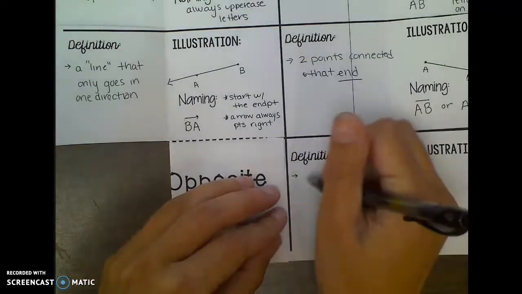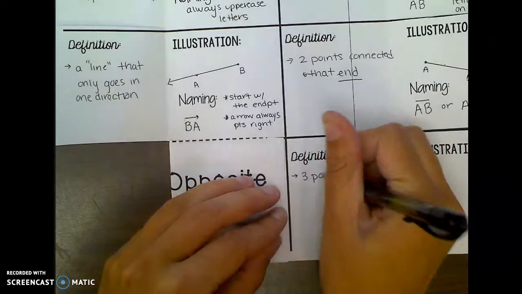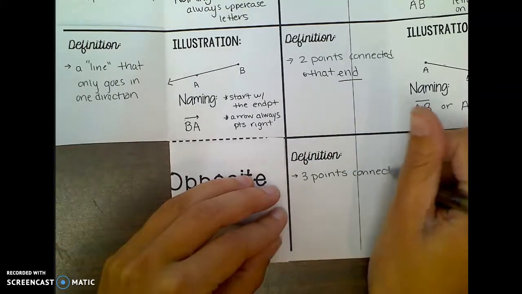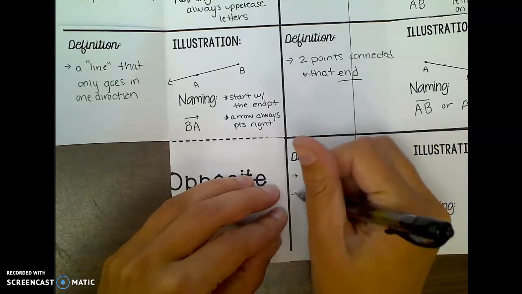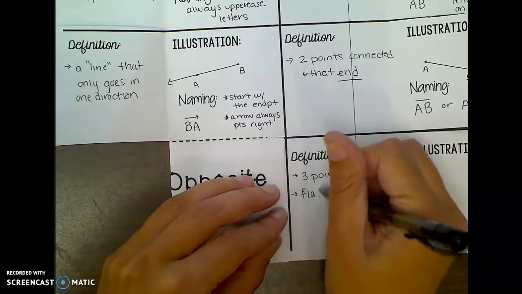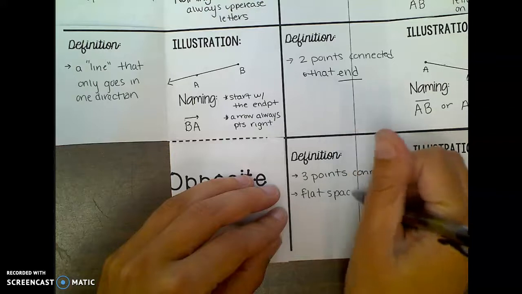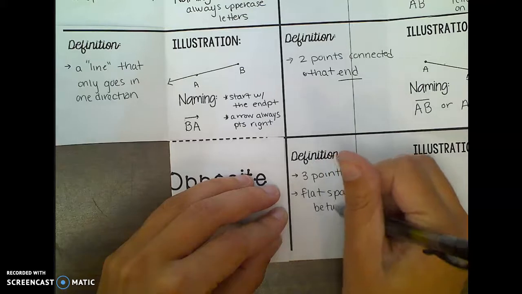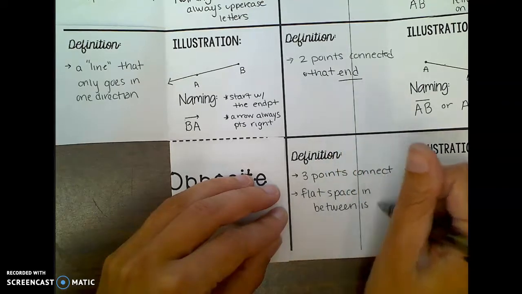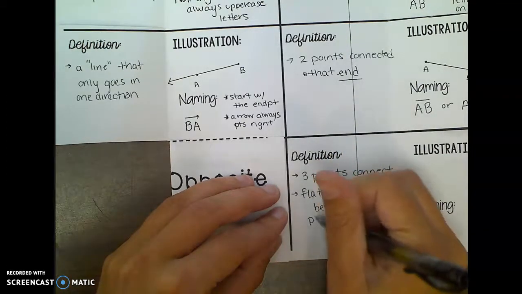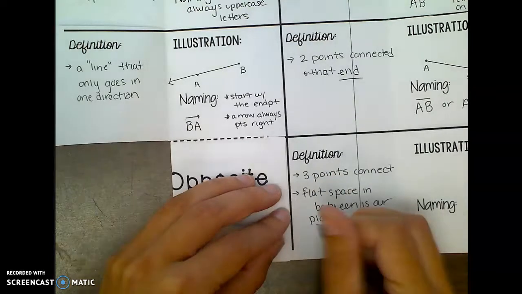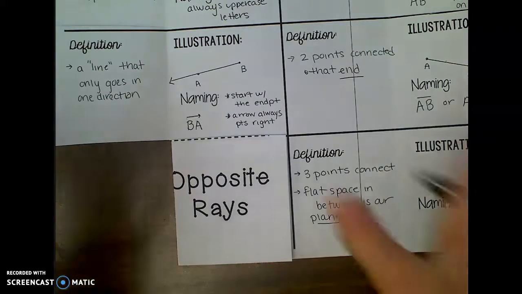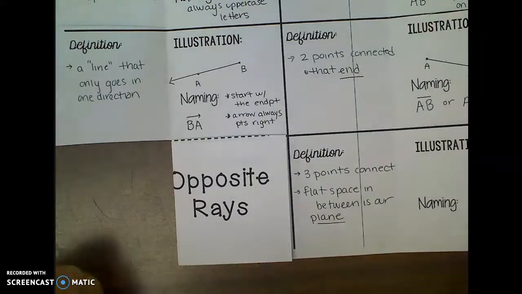So 3 points connected, flat space in between is our plane. Okay, so our plane has no thickness. It's like a flat sheet of paper. Could be a really good example of a plane.